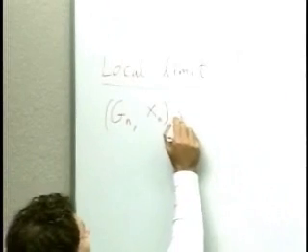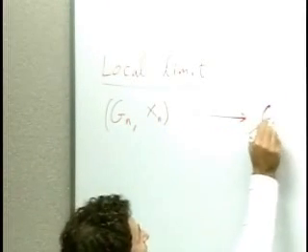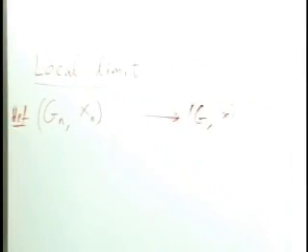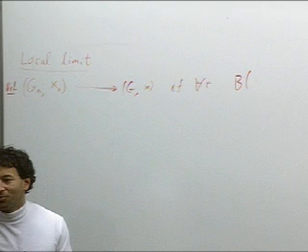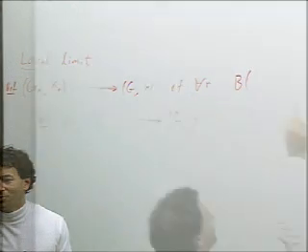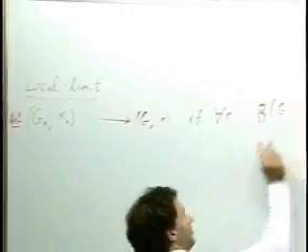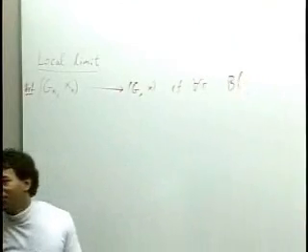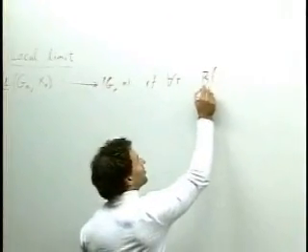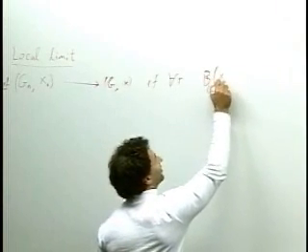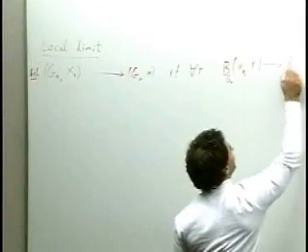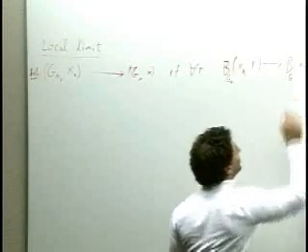And we say that this converges to some limit graph G, which will also have a marked vertex x, if for every finite radius r, the ball in Gn around xn of radius r converges to the ball in G around x of radius r.